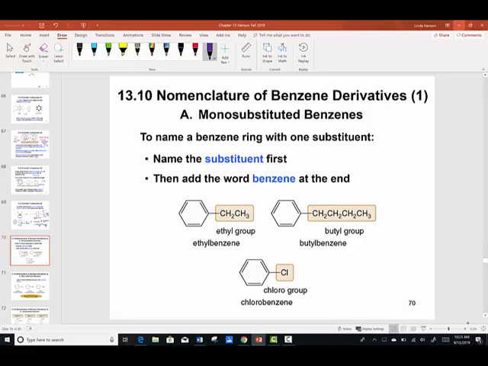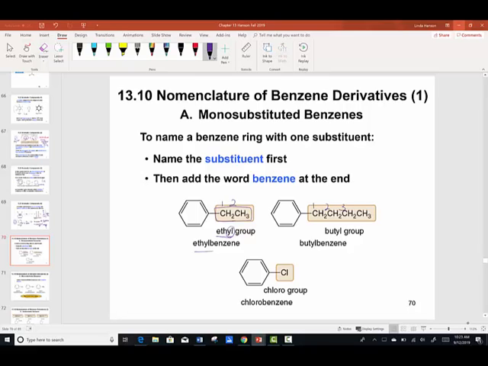So very similar rules to the IUPAC that we've been practicing before. When we're naming a benzene ring with a substituent, we label the substituent in alphabetical order. Here we have 2 carbons off of a benzene ring. That 2 carbon has a root word ethyl. Notice the YL telling me it's a substituent group. So we name that simply as ethylbenzene, all one word.